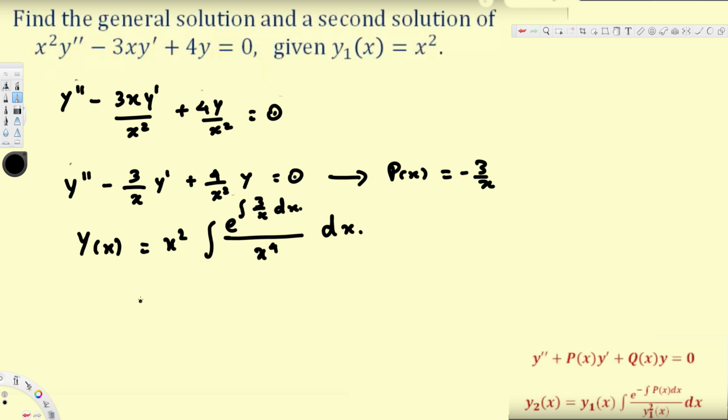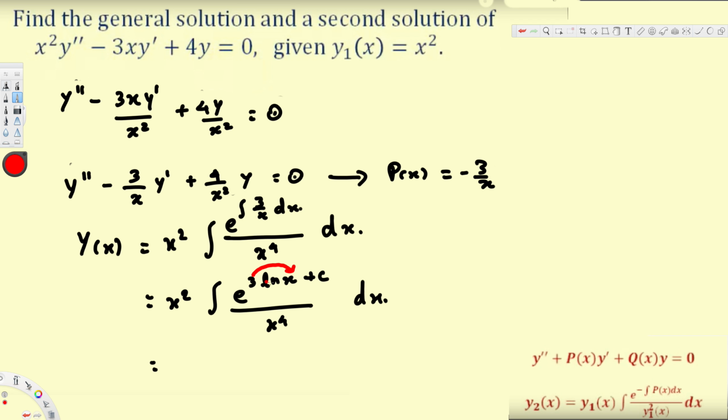Now let's simplify. This is going to be x squared, and this is going to be e to the power 3 ln of x. If we integrate 3 over x, we get 3 ln of x, and also there's going to be a constant, plus c, divided by x to the power 4 dx. We can move this 3 to the power, right?